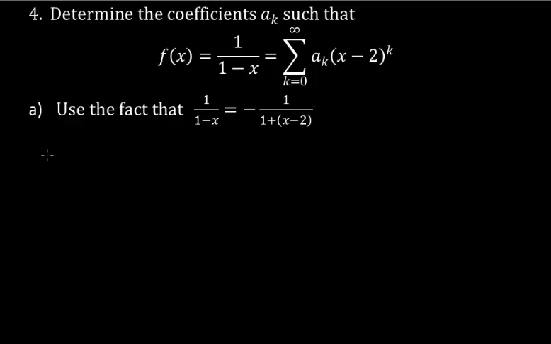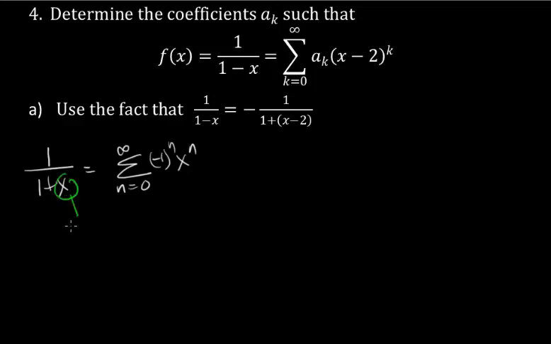And we know from our chart 1 over 1 plus x is the series sum from n equals 0 to infinity of minus 1 to the n, x to the n. We got that by plugging minus x into the sum of the geometric series, sigma x to the n. So since we know that, if we replace x with x minus 2 and put a minus out in front of it, we've got exactly what we need.